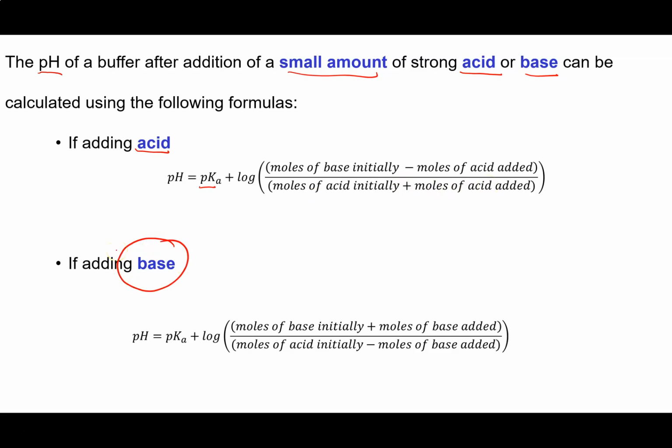Similarly, if you're adding strong base to your buffer, the pH after the addition of the strong base will be equal to the pKa of your weak acid plus the log of your initial moles of base plus the moles of any base that you're adding, divided by your initial moles of acid minus the moles of base that you added.